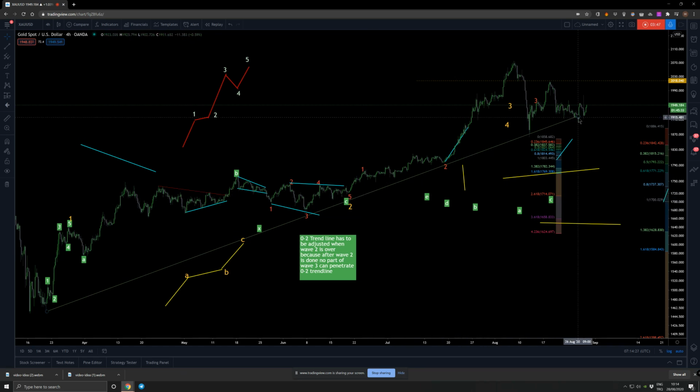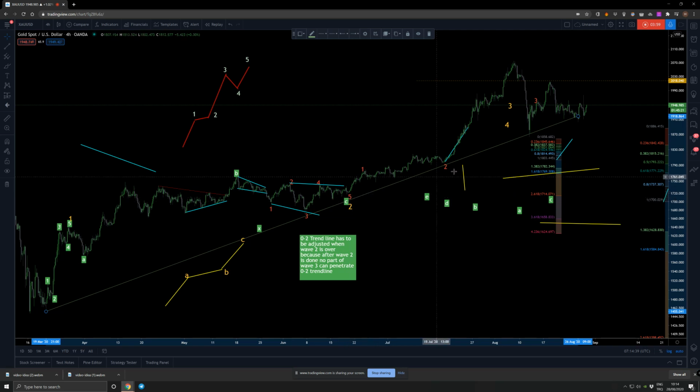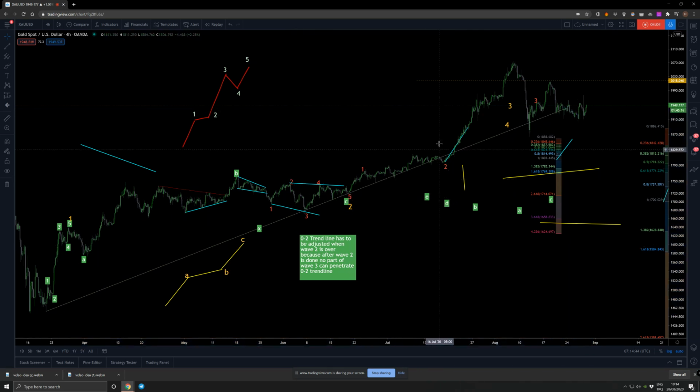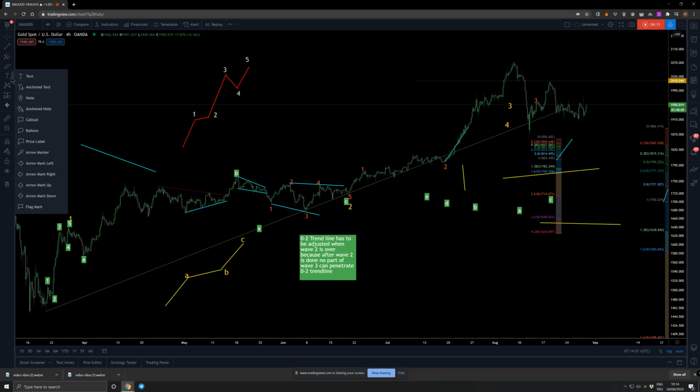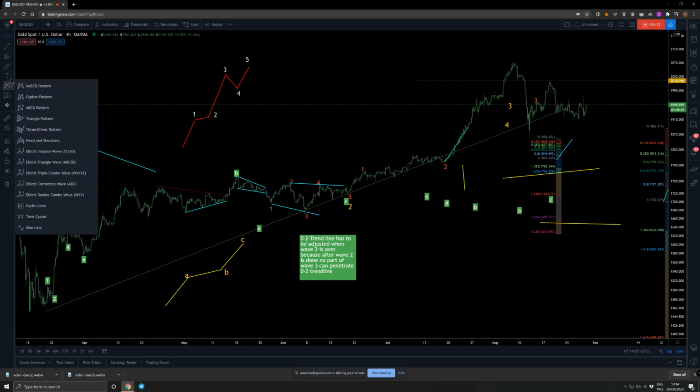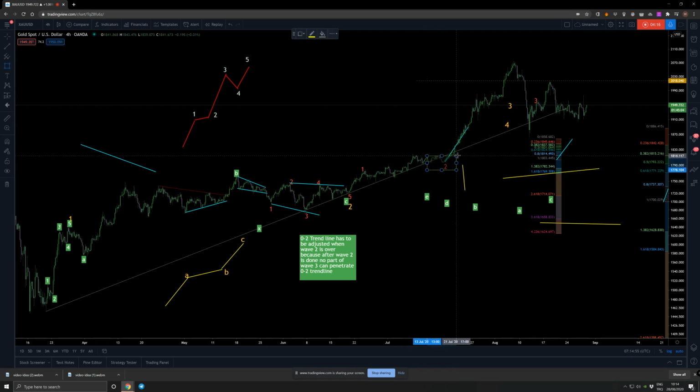The thing that I don't like about this, even though it turned out to be on our right side, is the fact that you have to draw your 0 to 2 trend line, which in our case is this, and no part of the third wave, which as you can see here is this part, can actually break this 0 to 2 trend line.